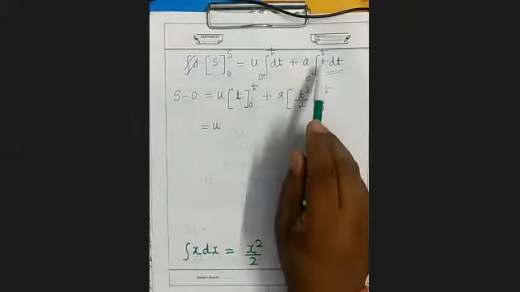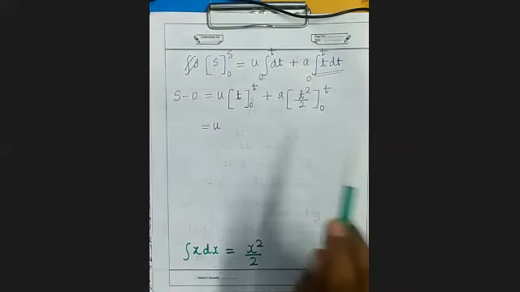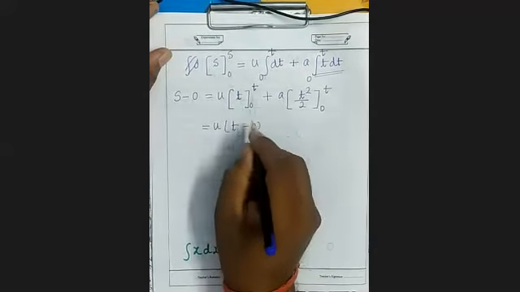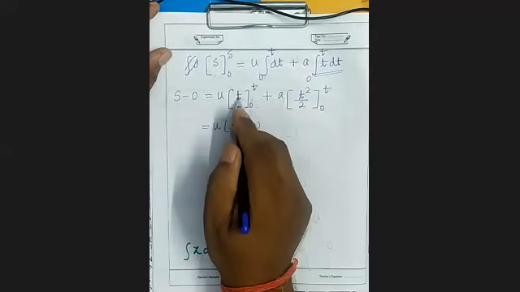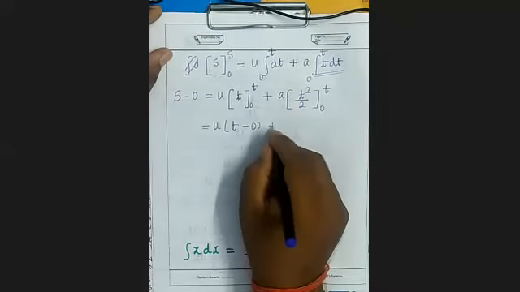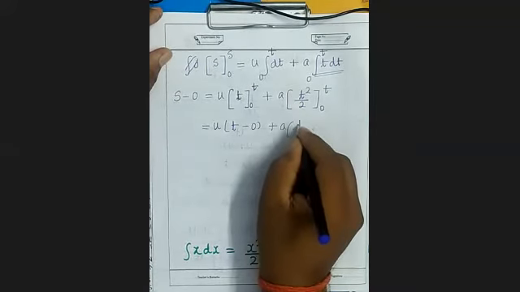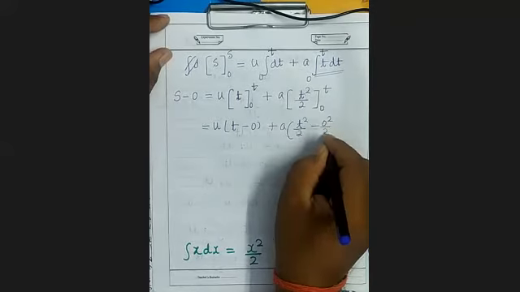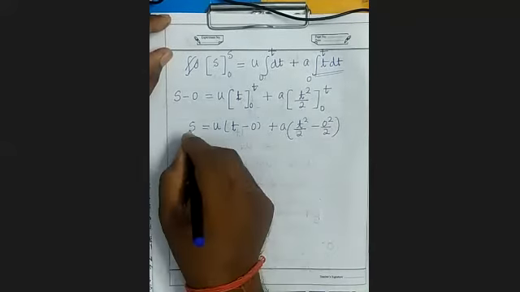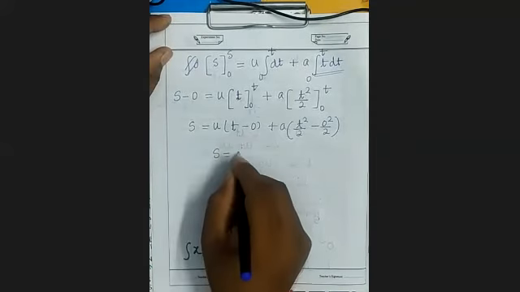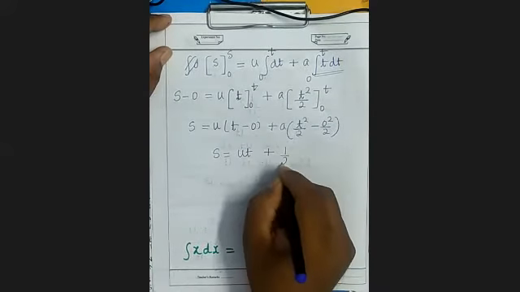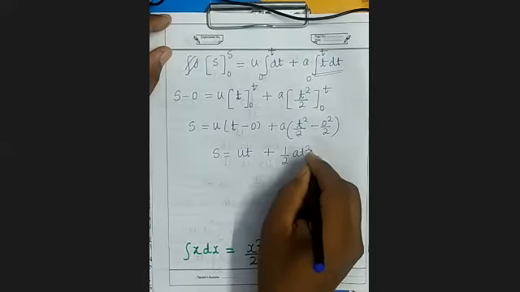So integral t dt, t square upon 2. t minus 0, its value at the upper limit minus its value at the lower, plus a t square upon 2 minus 0 square upon 2. So s equals to ut plus 1 by 2 a t square.